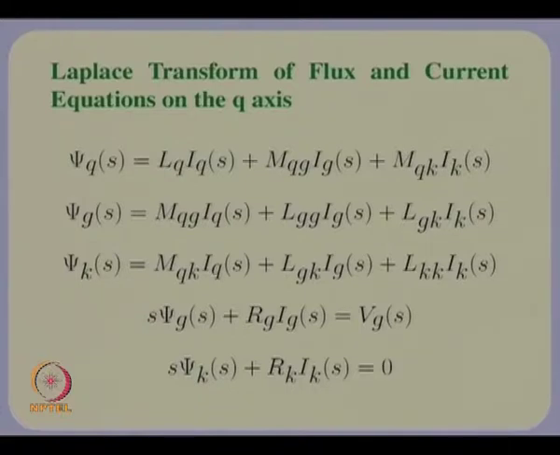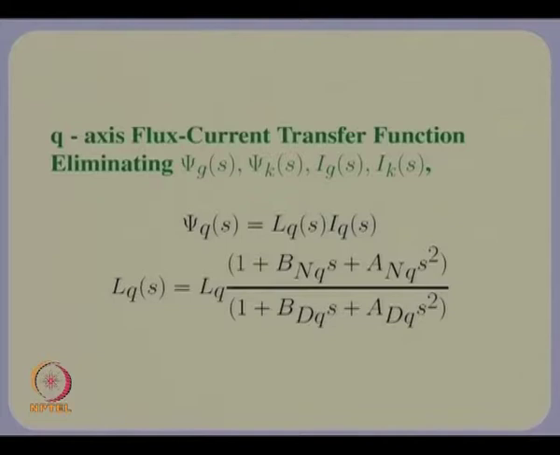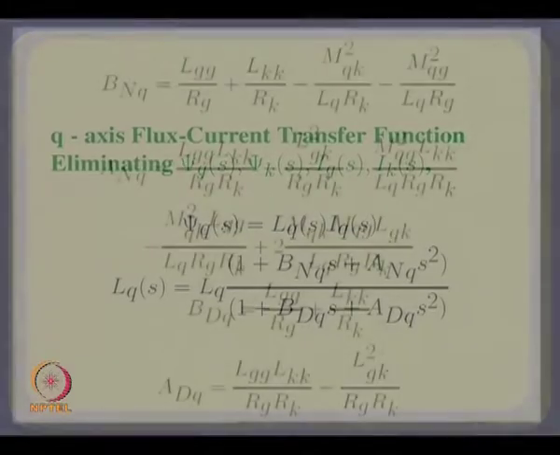If you take out the transfer functions as before, this is what we get. Of course, all the damper windings are shorted. You do not have any voltage applied to the damper winding, so you do not have that additional transfer function g dash of s as in the d axis.